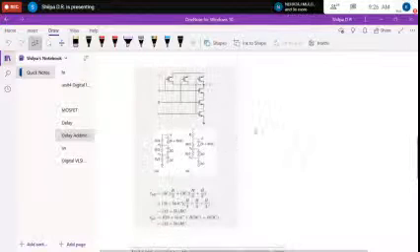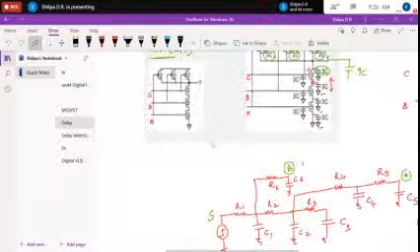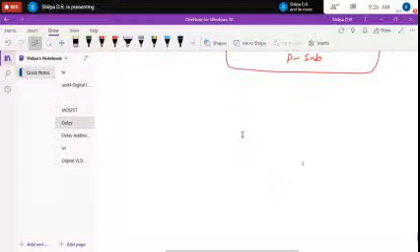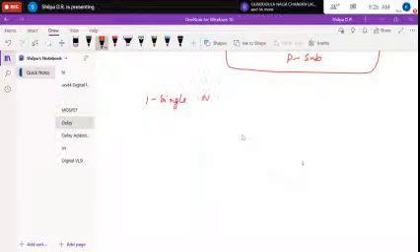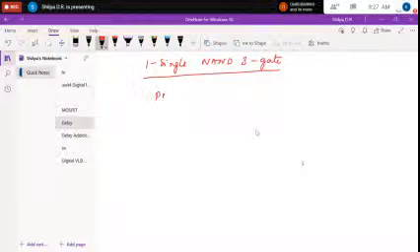Can you see this? Anyway, it's better to write. I'll write it again. Don't worry. So now there is one single NAND 3 gate, and I'm supposed to calculate the worst case delay. Worst case means only one PMOS device is on.